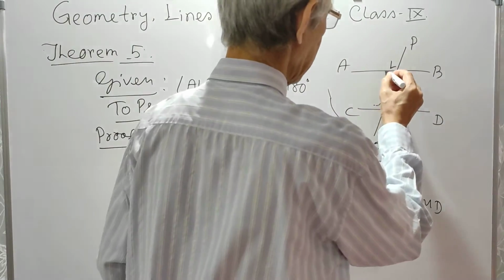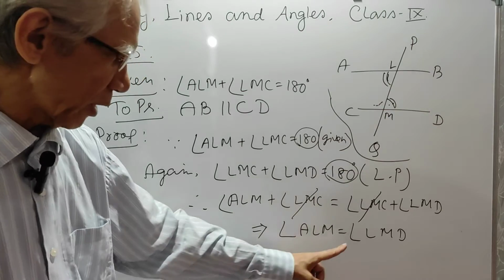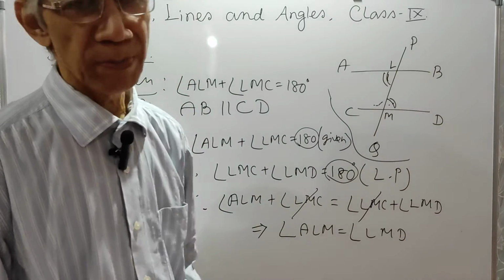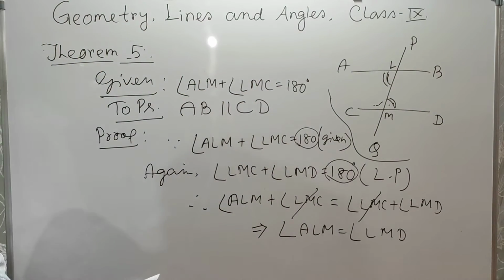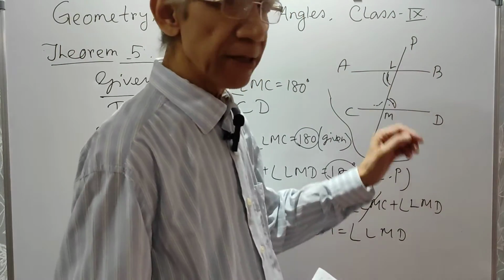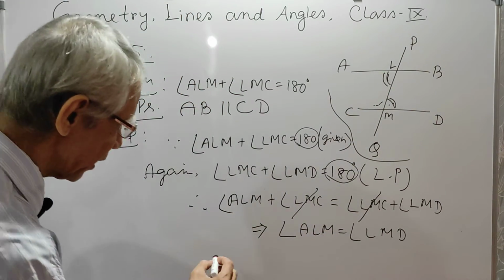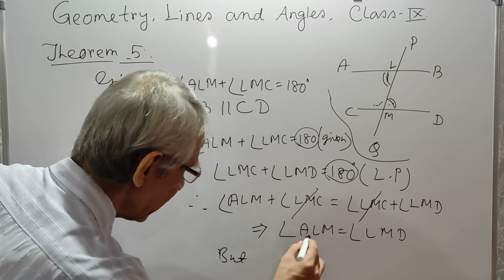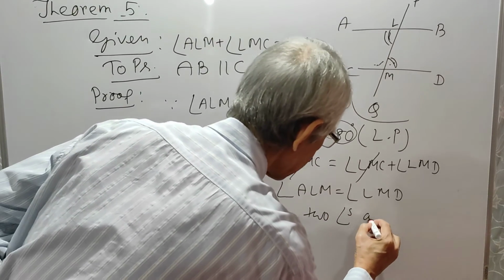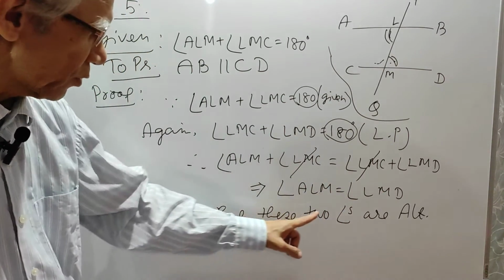That means ALM, this angle, equal to this angle we have proved. We have proved these two angles are equal. But these two are what? Alternate angles. Since they are alternate angles, these two lines must be parallel. So that was a theorem we did yesterday. If alternate angles are equal, then lines are parallel, or if corresponding angles are equal, then lines are parallel. Now we have proved here alternate angles are equal. So here you have to write, but these two angles are alternate.